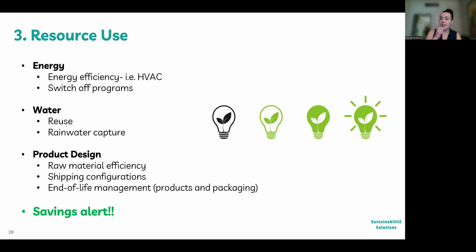So there is decarbonization, and now we're getting into resource use. So here we have energy use, water use, as well as product design. So this is talking about other raw materials that you use to make a product or run your business. Before this was called sustainability, this kind of efficiency work was called good business sense.